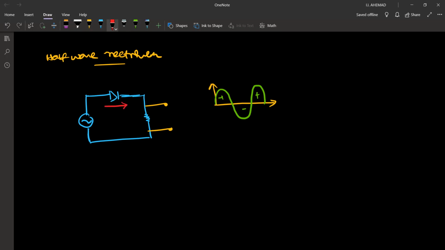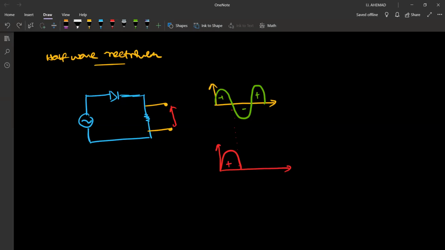Therefore, the diode is forward biased, thus the current will flow in this circuit. And here we can observe a potential difference across this. So our output will be, for the positive half, you get the positive half here. During the negative half, the current will try to flow in the opposite direction.